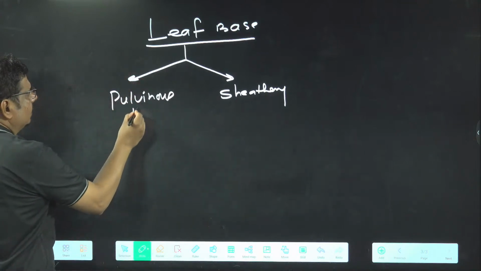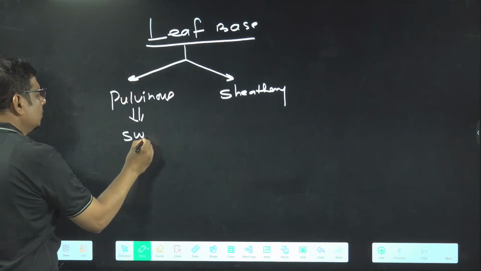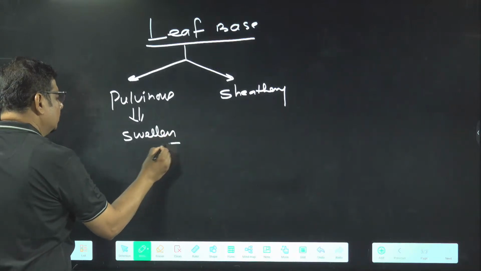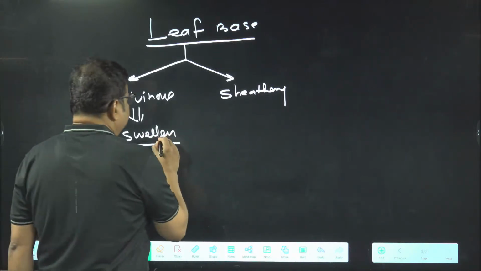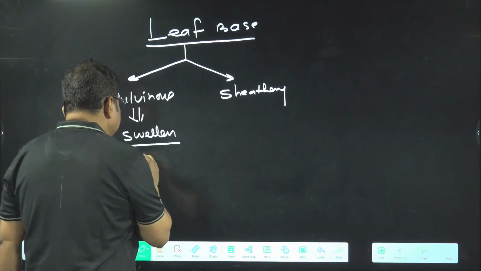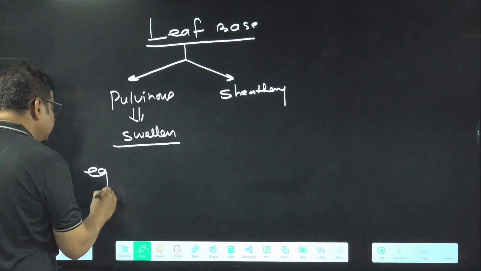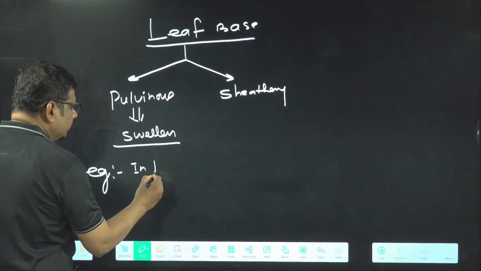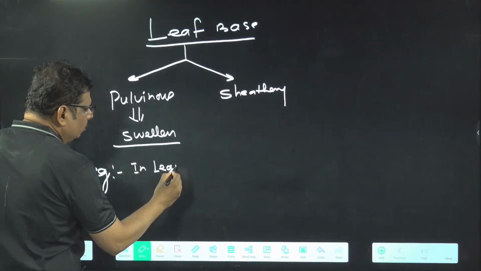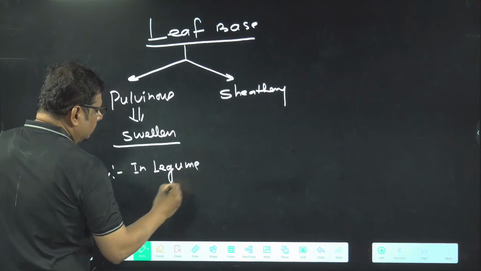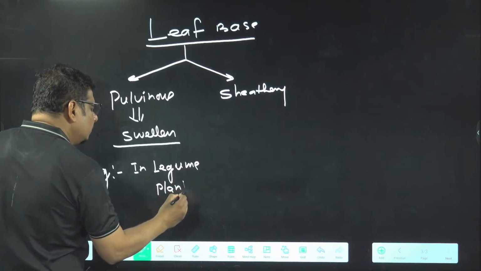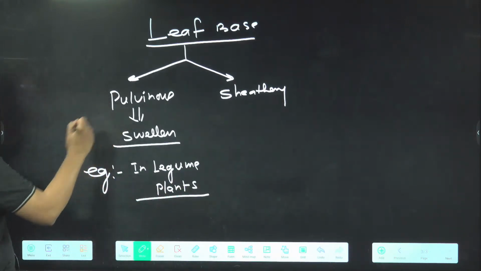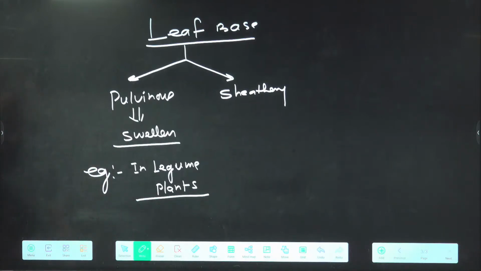So pulvinous leaf base is which kind of leaf base? Swollen leaf base. Getting the things. Where is the pulvinous leaf base present? Example, in leguminous plants, in members of Leguminosae, Fabaceae, you will find pulvinous leaf base is present.